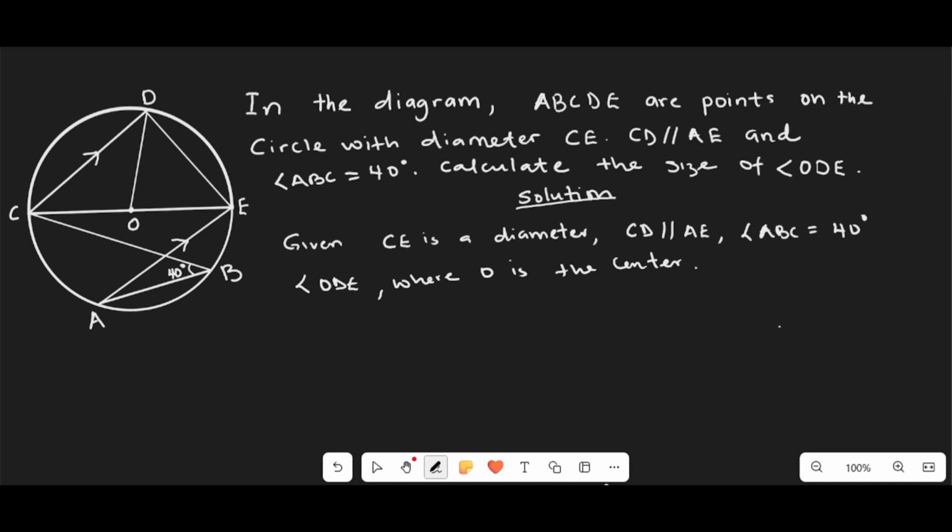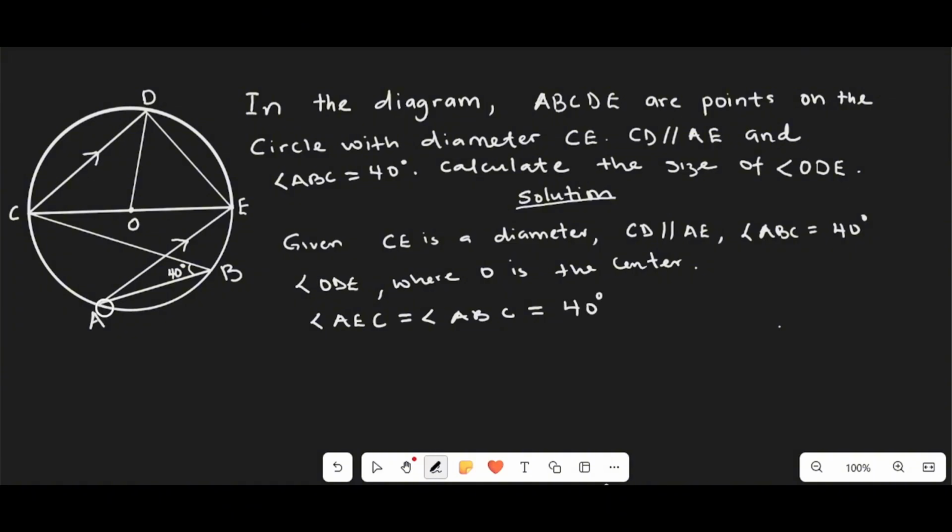So I can say angle AEC equal to angle ABC, which is equal to 40 degrees.